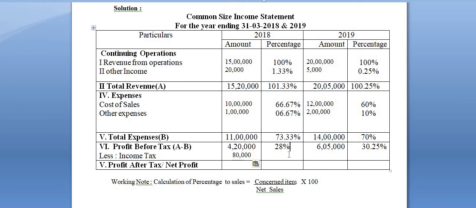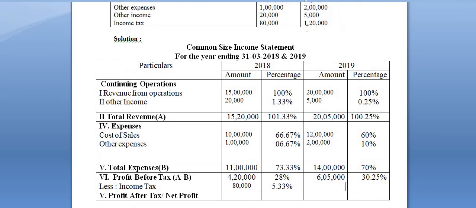Now percentage: 80,000 divided by 15 lakh into 100 is equal to 5.33%. Now find out the percentage for 2019. Income tax for the year 2019 is how much? 1,20,000.